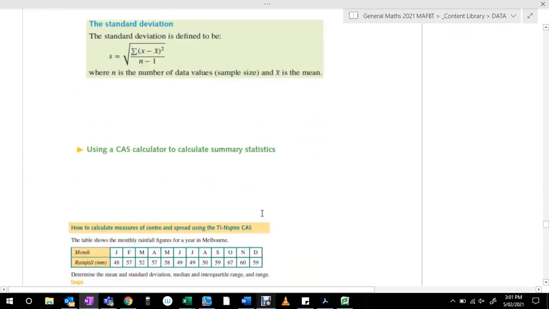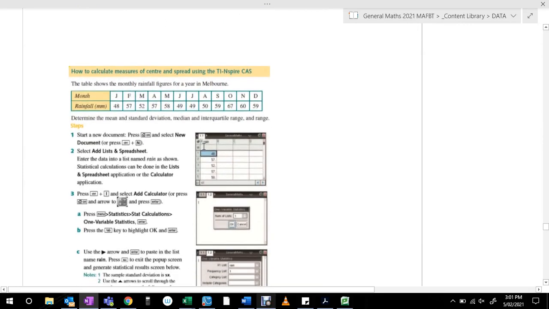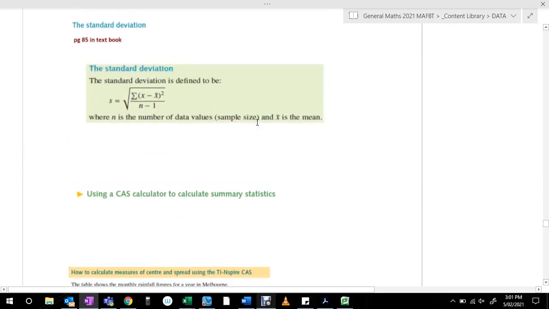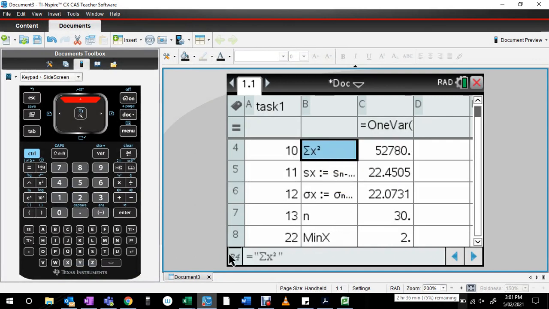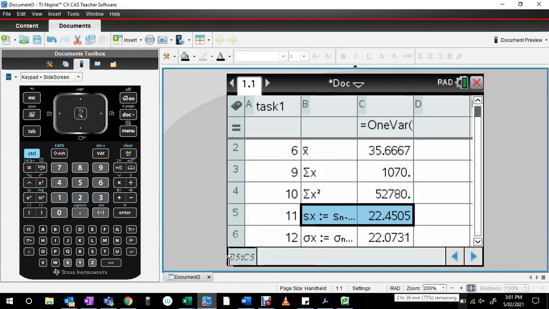All right. So the last part here, and let's just finish off with this, is we're going to look at the standard deviation. You don't need to know too much about this for now, but just know on your calculator that the standard deviation is this symbol here, SX. What is the standard deviation?